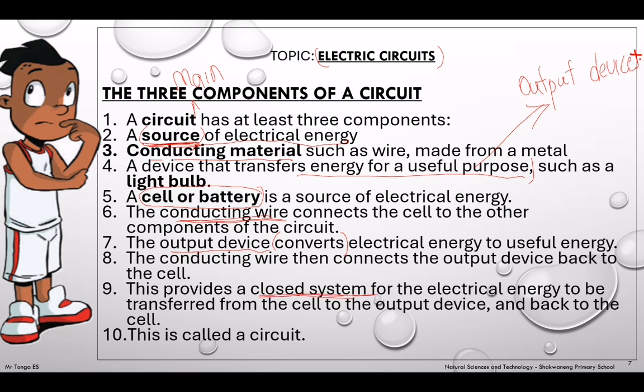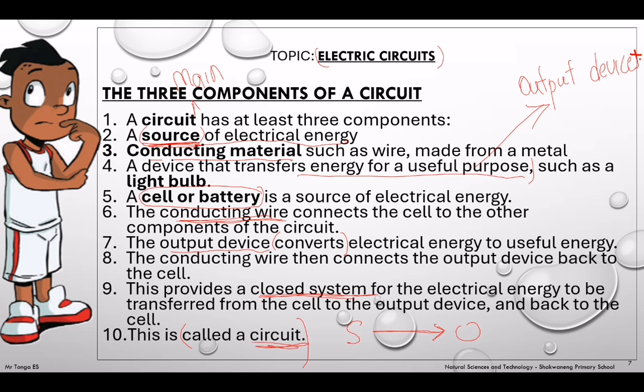Because remember, we are taking from source, transportation to the output. Now, this creates a system, and this system, remember, we say it's a closed system where the electrical energy is traveling. It travels from the input to the output and then back. And this kind of thing is then called a circuit.